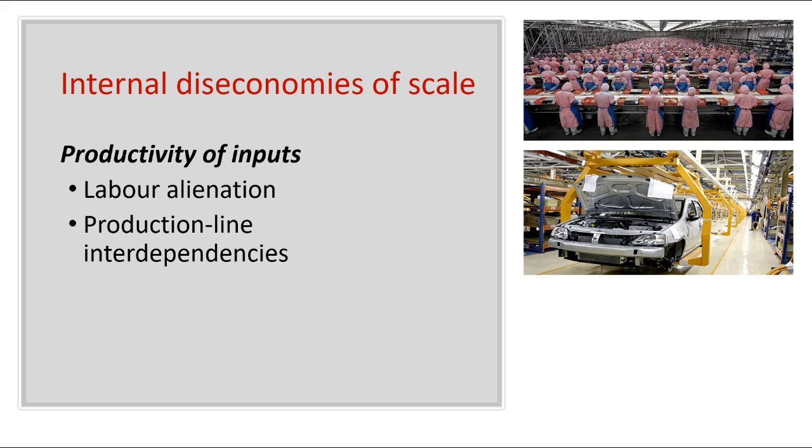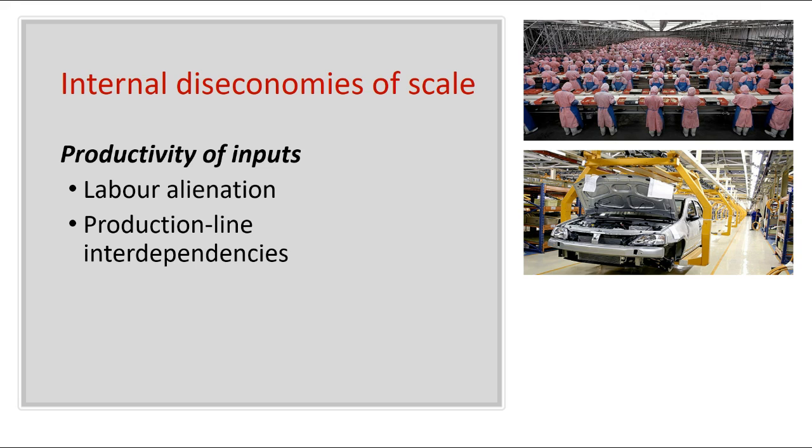But of course, the more steps you add to a production line, the greater the level of interdependency with respect to the very last stage. So the more steps you add before you get to the last stage, the more chance is that something will go wrong, and therefore the whole production line would stop until that problem is rectified, and then the production line can continue again.